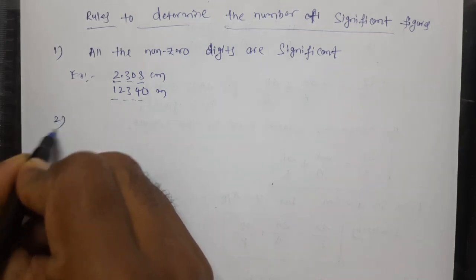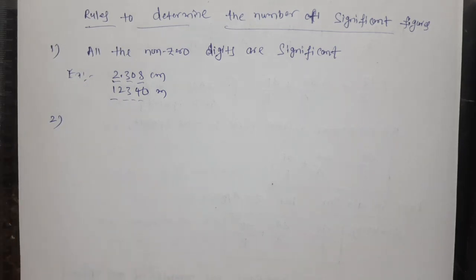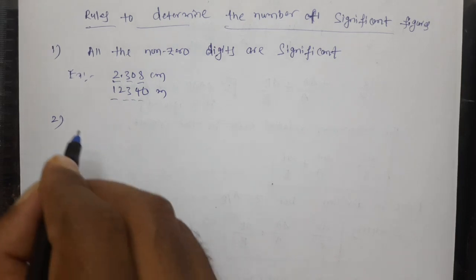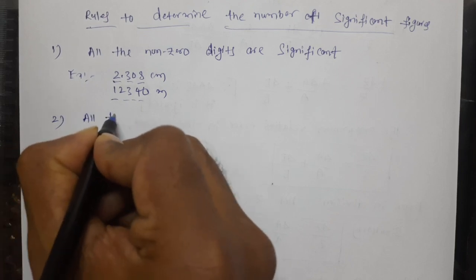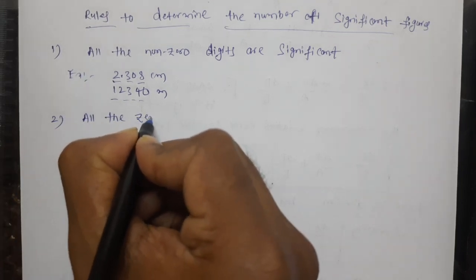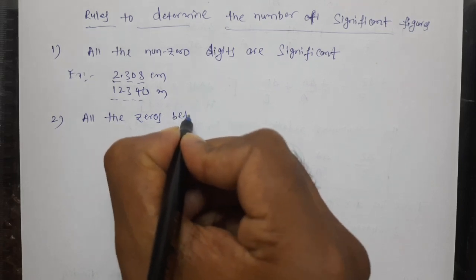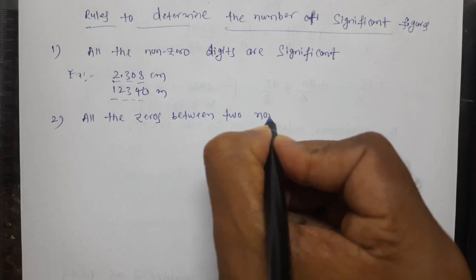And the second rule is: all the zeros between two non-zero digits are significant.